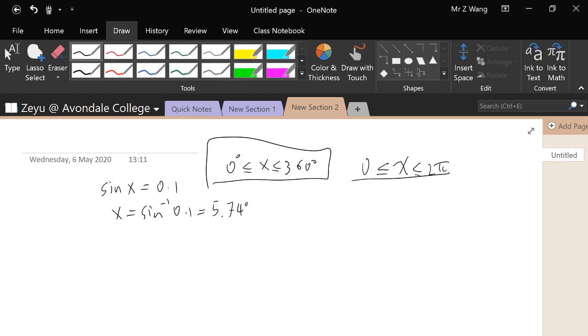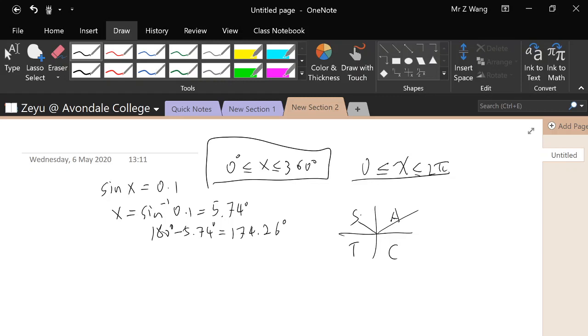We can get its twin solution by using what? Remember the CAST thing? So this is sine, and sine is positive here, it's also positive here. And remember its twin solution is 180 degrees minus 5.74, which gives 174.26 as the other solution.